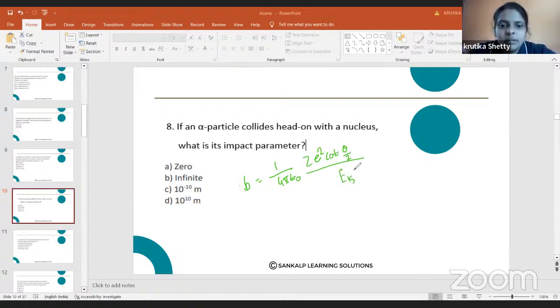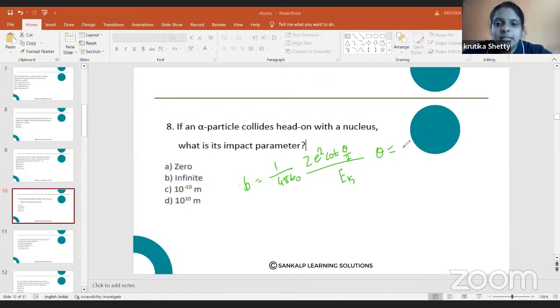Yes. So here, what they are saying, it is a head-on collision. So if it is a head-on collision, can anyone tell me what is the theta value here? For head-on collision, what is the value of theta? Zero. Option we will see later.